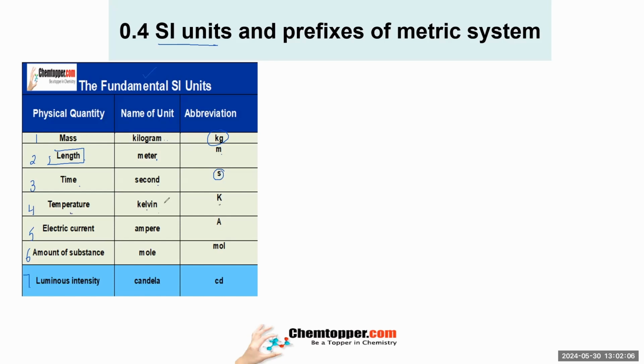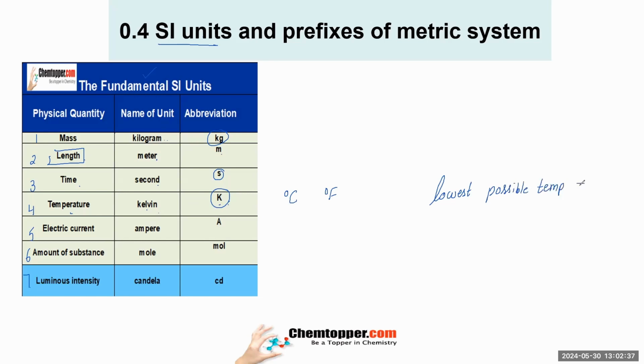For temperature, we have other units also, like degree Celsius and degree Fahrenheit. But can you see that with Kelvin, the standard international unit, there is no degree. What is the advantage of taking Kelvin as the SI unit? Because the lowest possible temperature is 0 Kelvin.